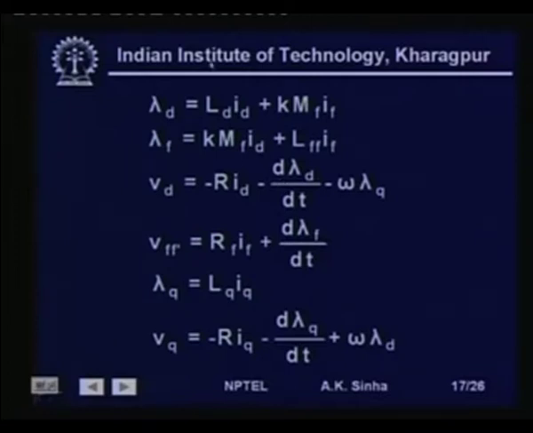So, these four equations are giving us the relationship for flux linkages, voltages and currents for the direct axis coils, and these two equations lambda q is equal to L q into I q and V q is equal to minus R I q minus d lambda q by dt plus omega lambda d are providing us the equations for the coil on the quadrature axis.